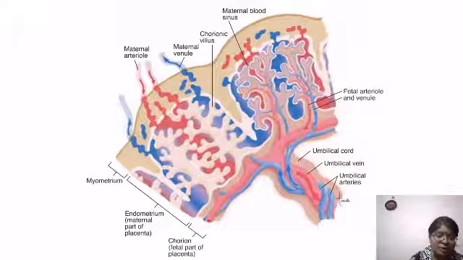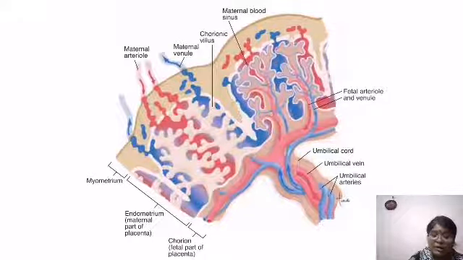Why? You can see here, these are the maternal arterioles, and they are opening into your maternal sinuses. So this region is called the sinus. These are your chorionic villi, in which the embryonic arteries and veins are coming.